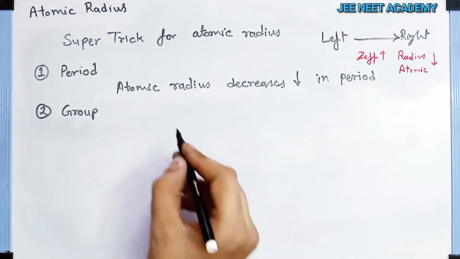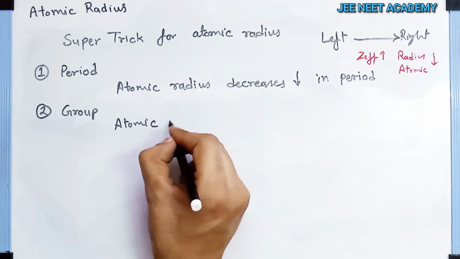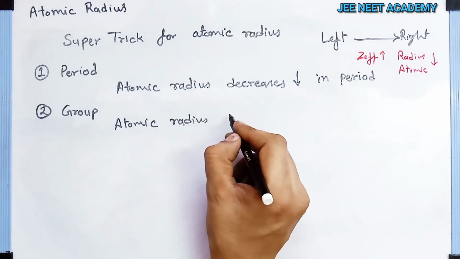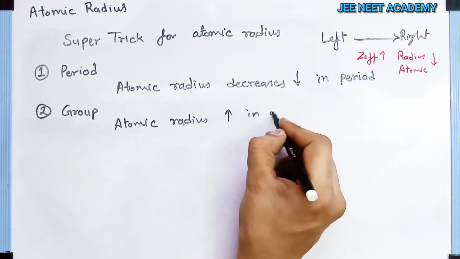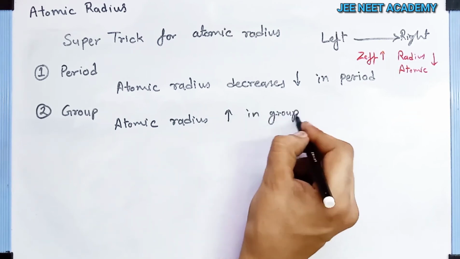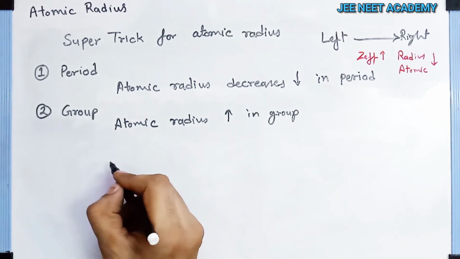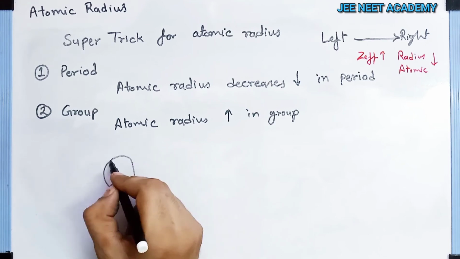In a group, atomic radius increases. In a group from top to bottom, the orbits are increasing, as we know.